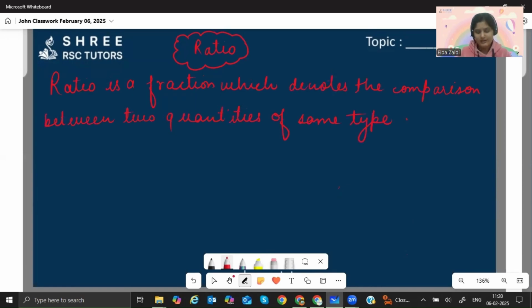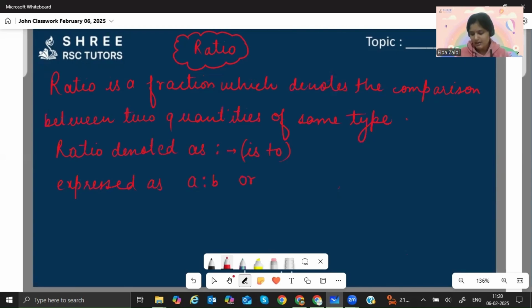The ratio is denoted as "is to". This sign is "to". So it can be expressed as A is to B or A by B. Got it? Again, the two quantities should be the same kind.